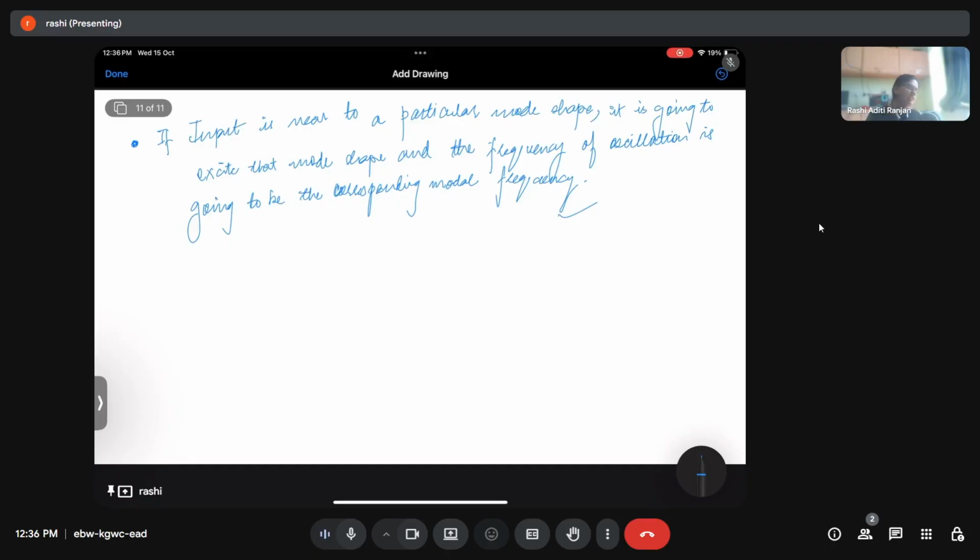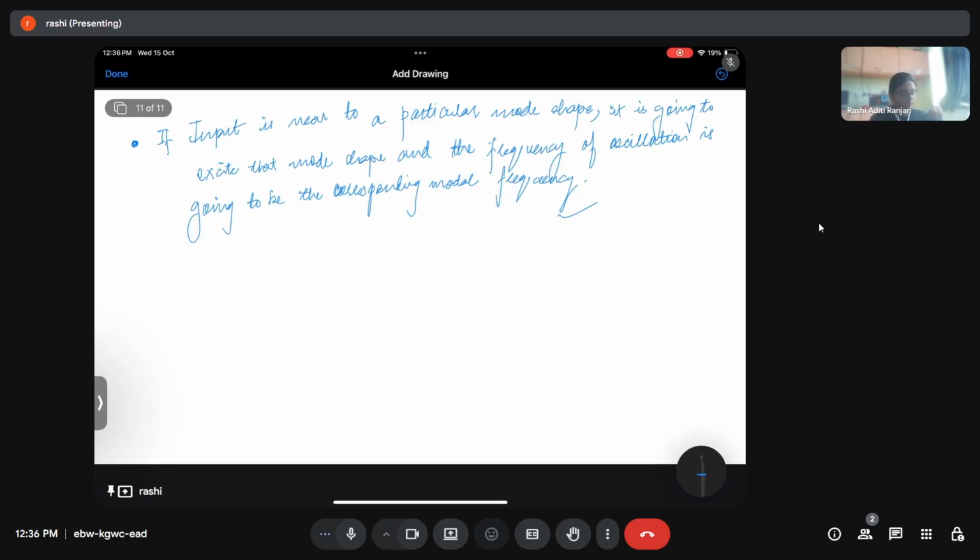But in any case, my system is just going to vibrate at a particular mode shape and a particular modal frequency. So I can just model my system as a 1 degree of freedom system with that particular frequency, and get how the system is going to behave.